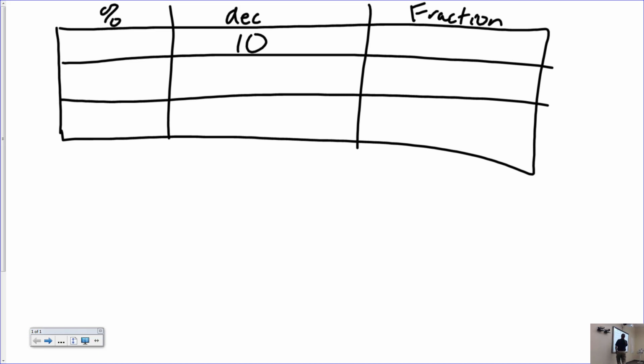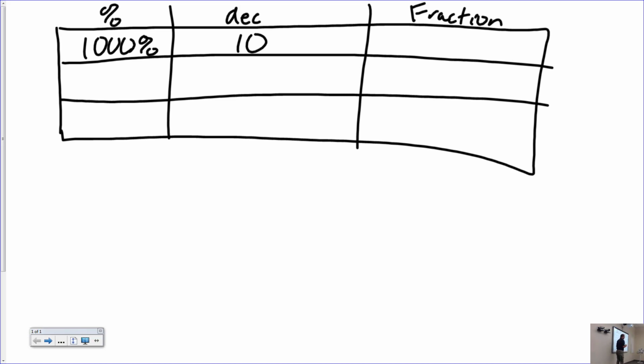A 1,000, yes. So remember, what do you do to go from decimal to percent? Move essentially the decimal 2 to the right, or you multiply by 100. What's 10 times 100? 1,000, okay?